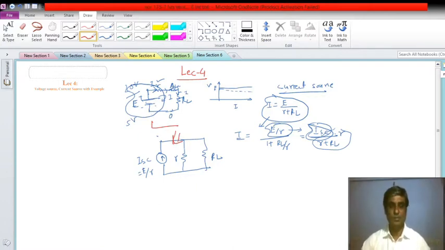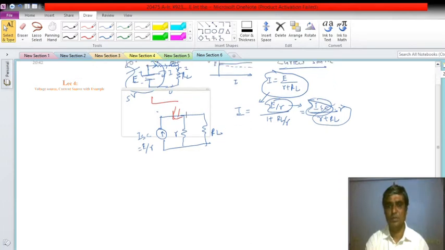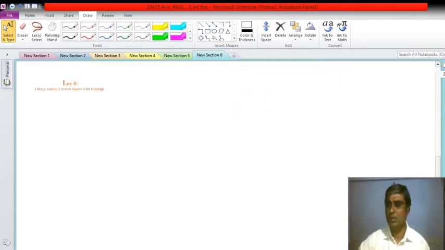Now let us see. Suppose I have a current source like this, with a value of 5 ampere, and to this I have terminals A and B, and suppose I keep these terminals open.